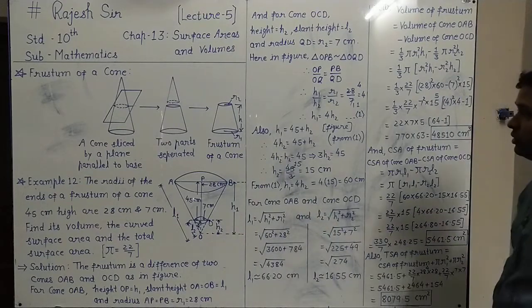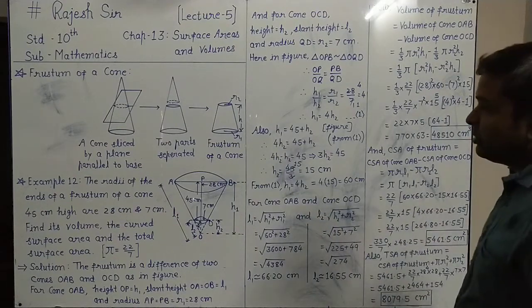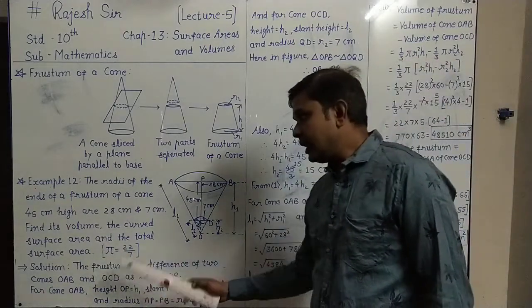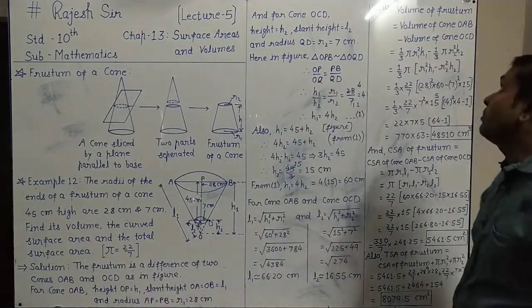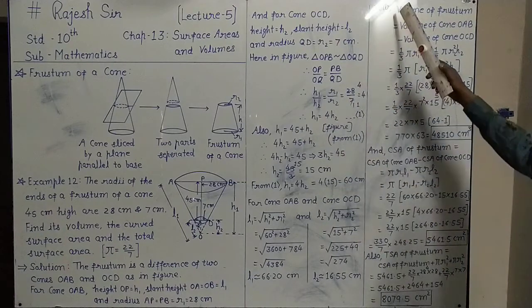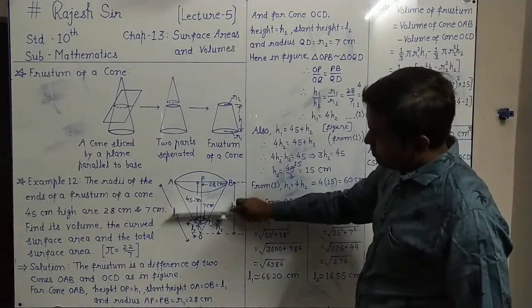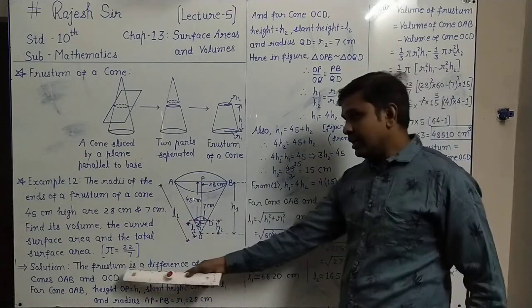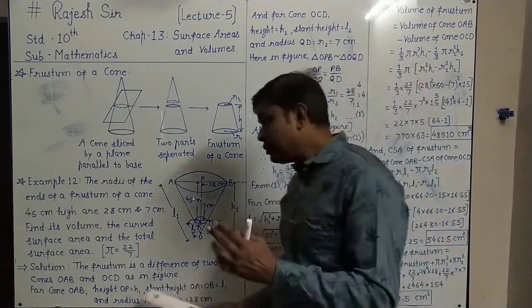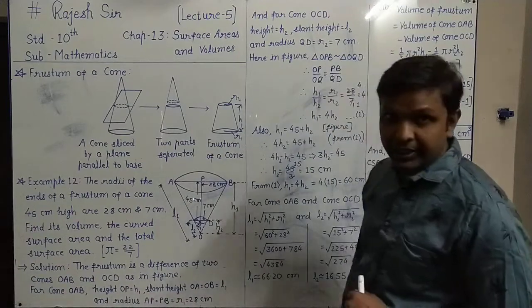So for both the cones, all three quantities, that is radius, height and slant height, we now know. With everything known, we can find the volume, curved surface area and total surface area for the frustum. It is obvious that the volume of the frustum, as we said in the first line, is the difference of two cones OAB and OCD.